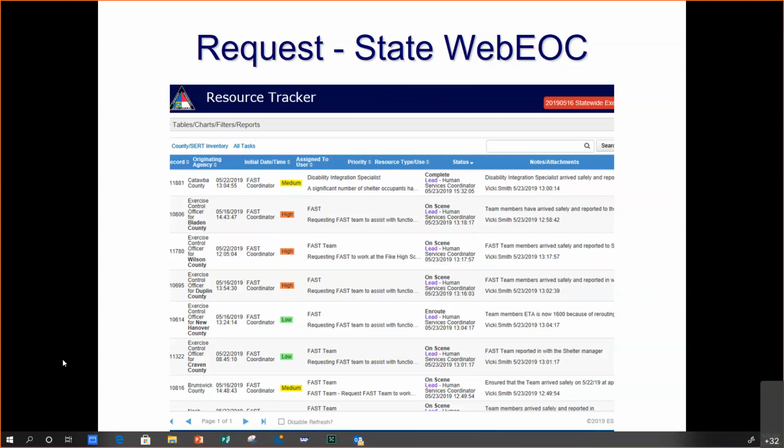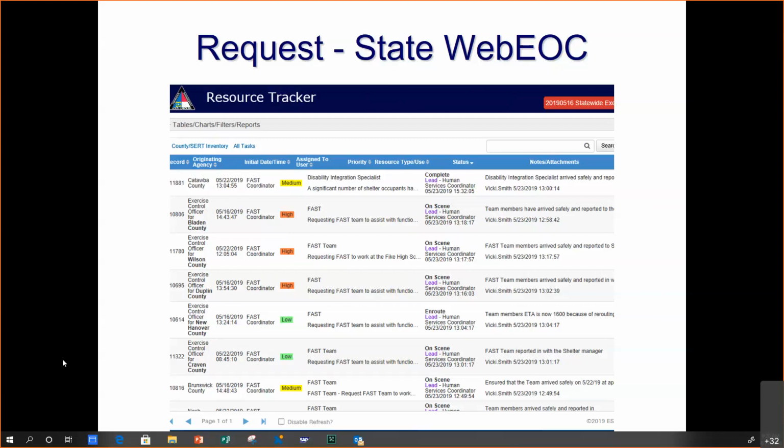The FAST coordinator may do it, but if you look in the status, I think it's like two columns over, that's where they can see if it's been completed, if there's an issue, if it's en route. And then there's always updates and situational awareness in the notes. Again, if maybe several wheelchairs are having to be delivered, they'll make a note of who's delivering it, maybe a point of contact.